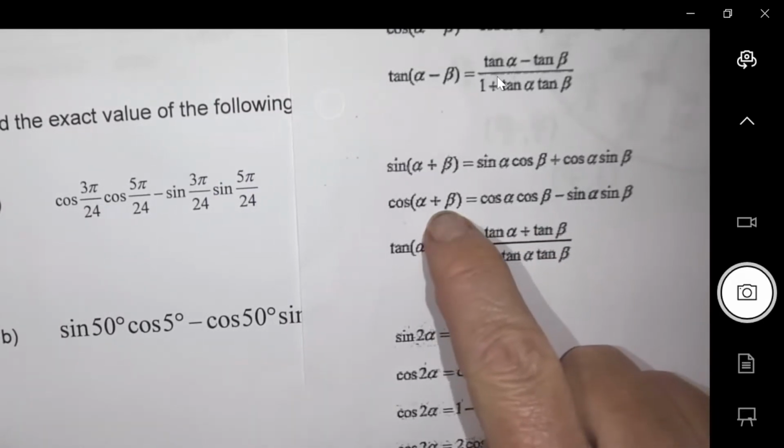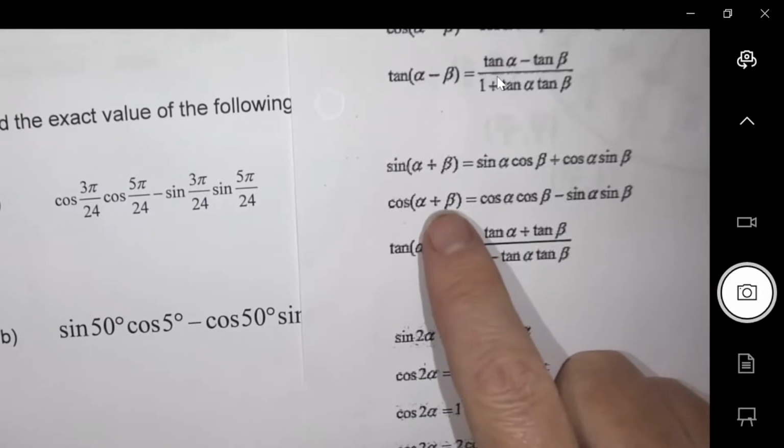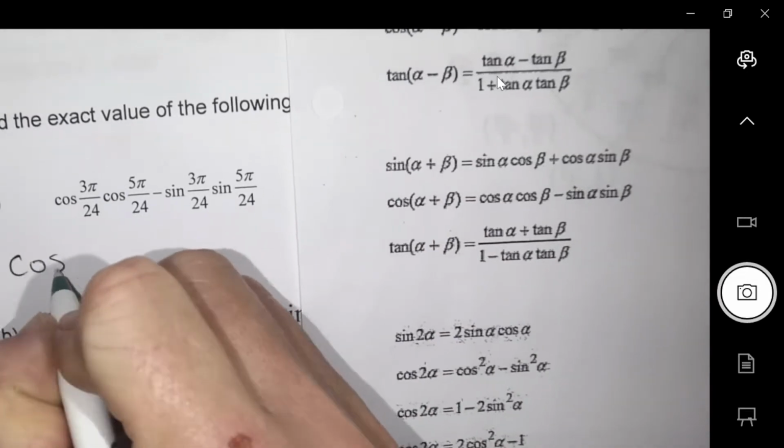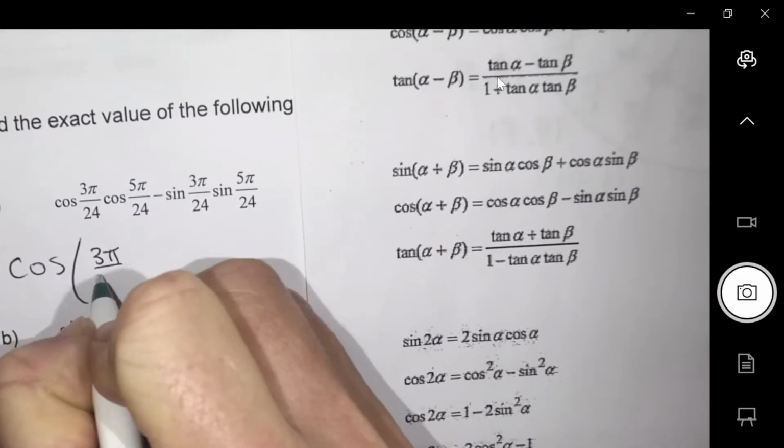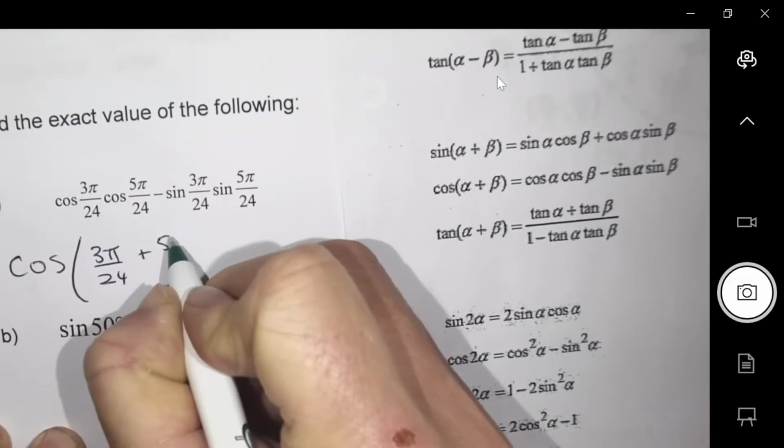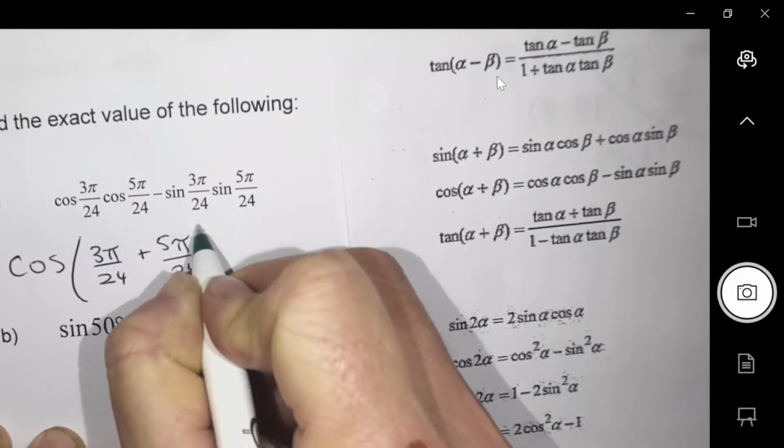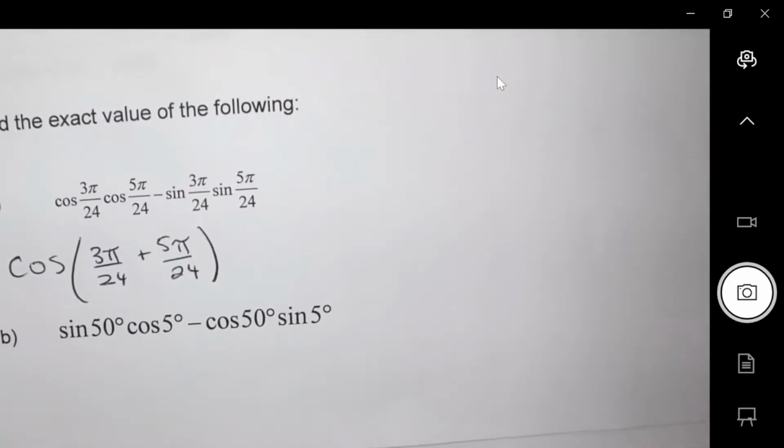So this one, cos A plus B. Cos A plus B. So you get 1 point for that on your test, and then 1 point for actually figuring it out.